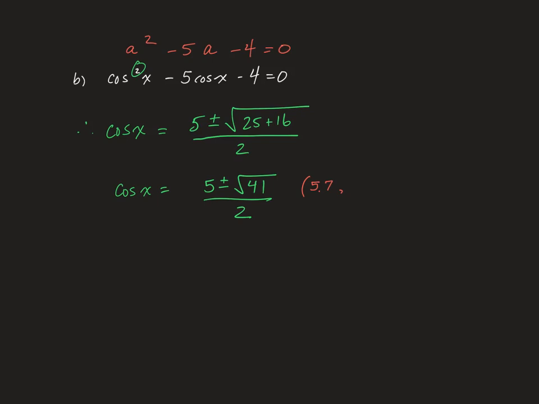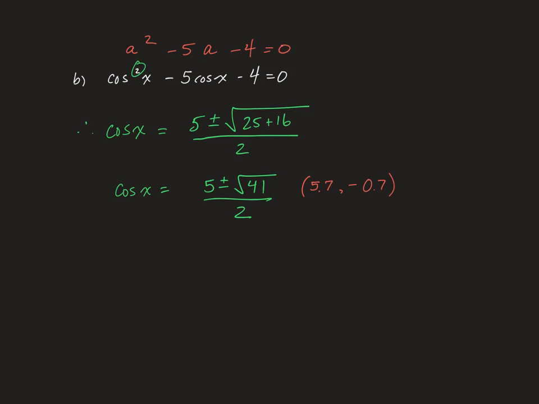You take a look at what root 41 is, and we should be good that that's 6 point something. So 5 plus 6 and a bit is 11 and a bit, and 11 and a bit divided by 2 would be 5 and a bit. If we deal with the negative case, we would have 5 minus root 41 over 2, and that's going to get us approximately to negative 0.7.